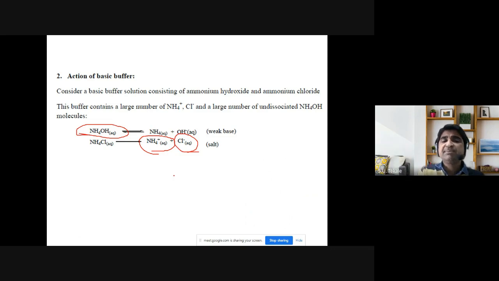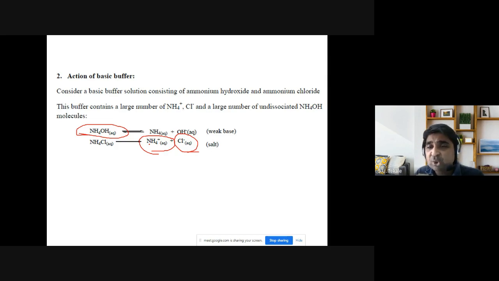So this buffer solution, an equimolar mixture of ammonium hydroxide and ammonium chloride, will consist of a large amount of undissociated ammonium hydroxide, and a large amount of NH4 plus ions and Cl minus ions.